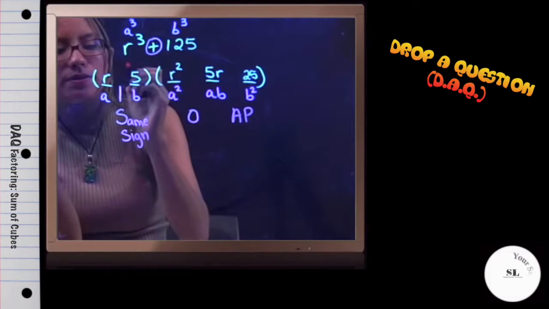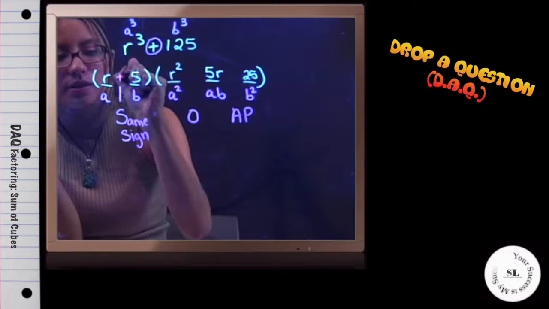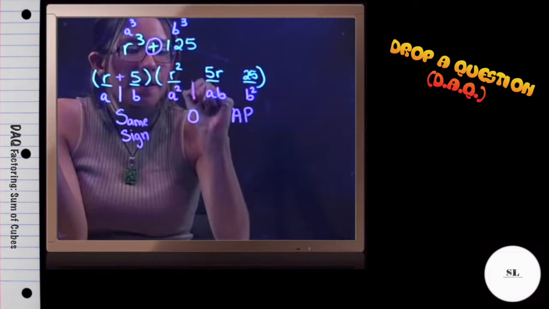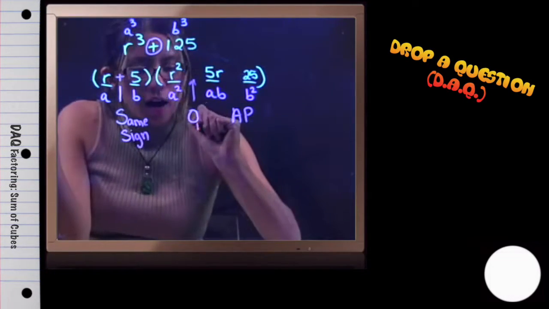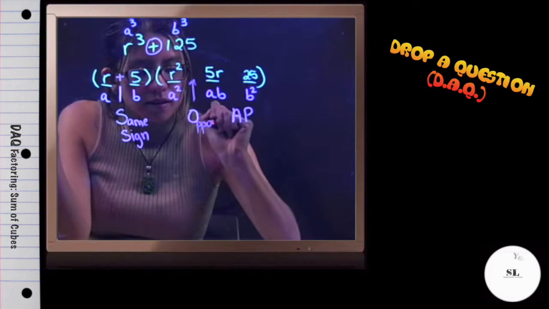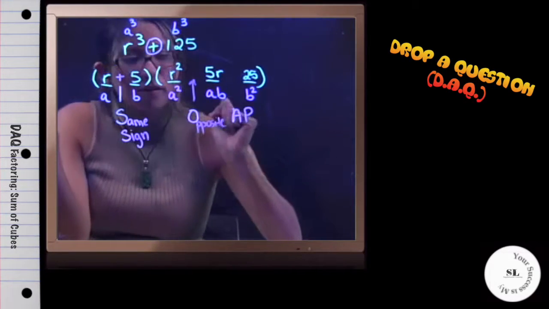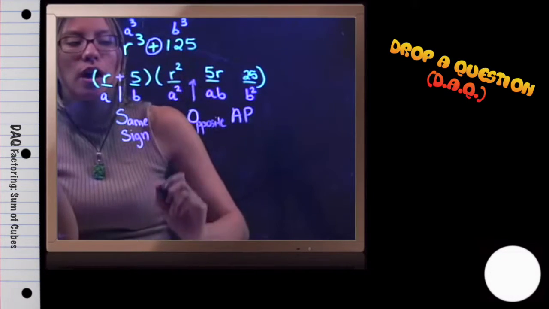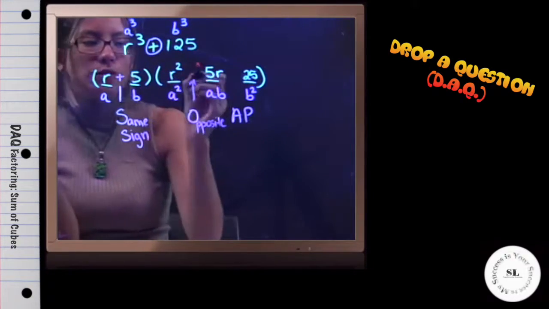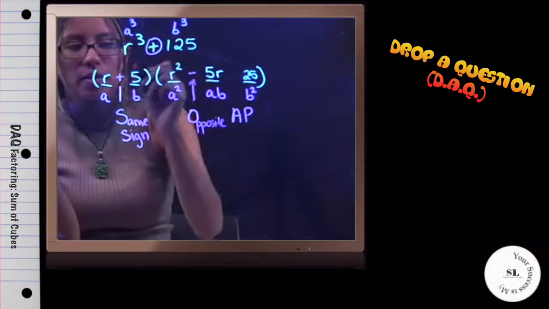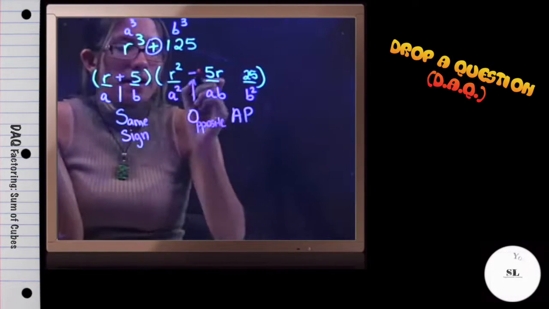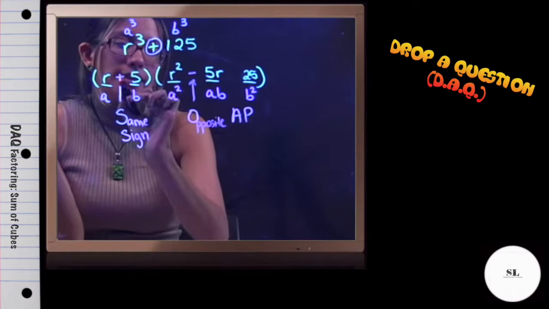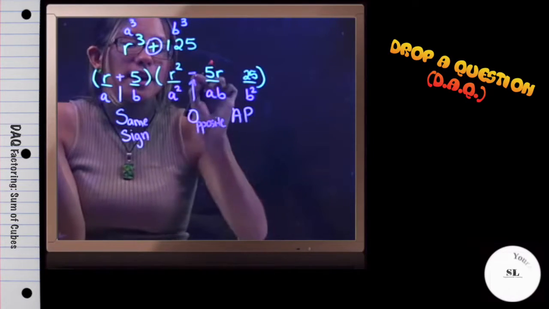So that will be the same sign that we're going to use for the first group. O stands for opposite. So opposite sign, and you could think opposite sign from the original problem or opposite sign from the first group. Doesn't matter because they're going to be the same anyway. So if I had a positive, our opposite sign will be a negative.